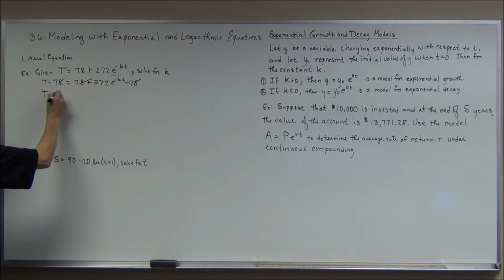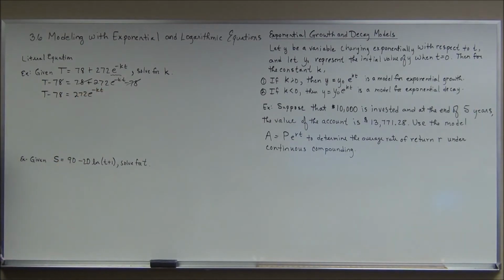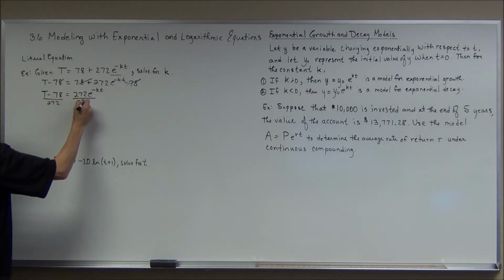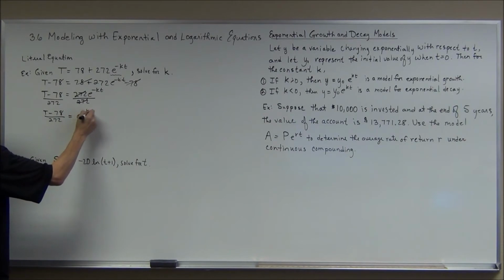I can't do much over here on the left because these are not like terms. And then I'm going to divide both sides by 272. I'm combining steps here because I don't have a lot of space, which we really shouldn't do. T minus 78 all over 272 is equal to e to the opposite of kt.